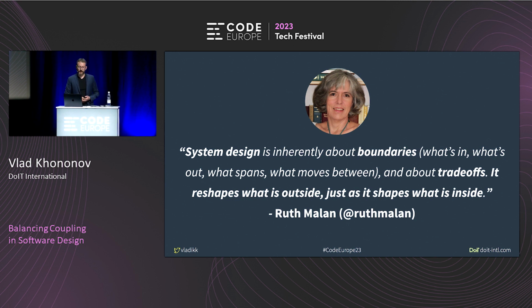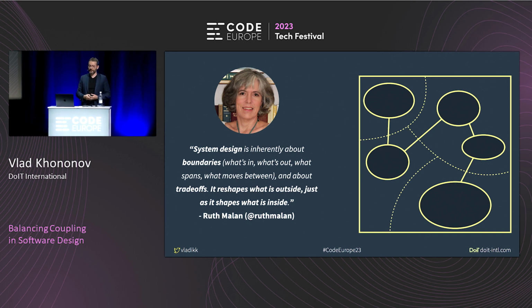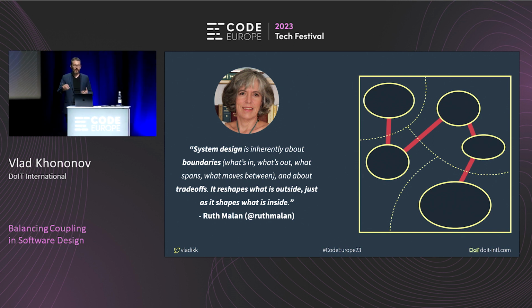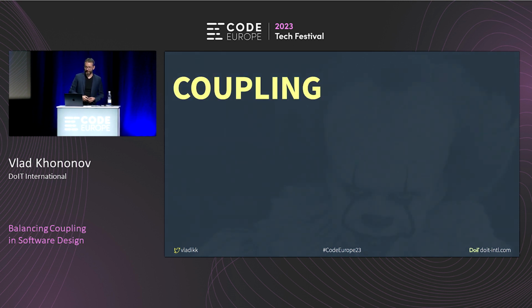It reshapes what is outside just as it shapes what is inside. And I wanted it there on the first slide because it outlines the overall topic of this presentation, system design. And more specifically, the relationships that span across boundaries of modules or components or whatever. Relationships that involve the thing that we fear the most, coupling.